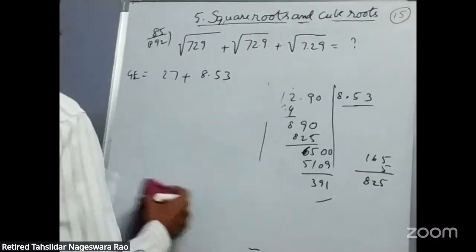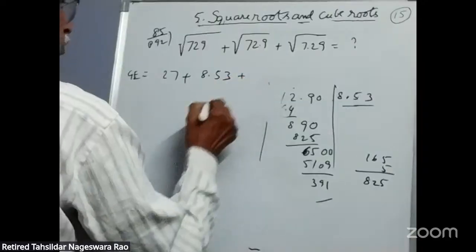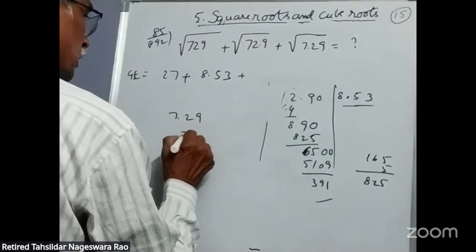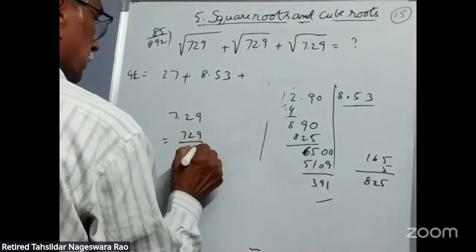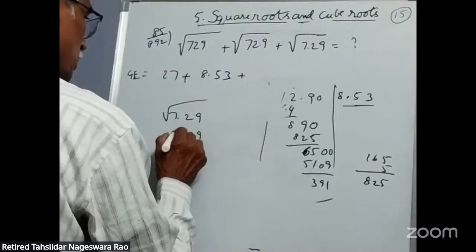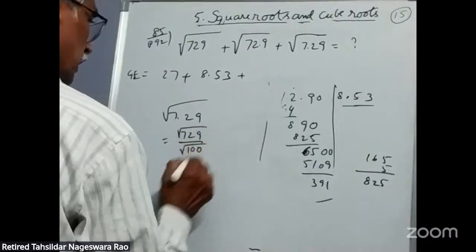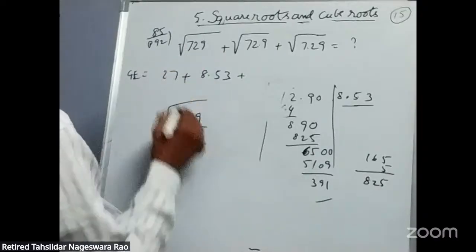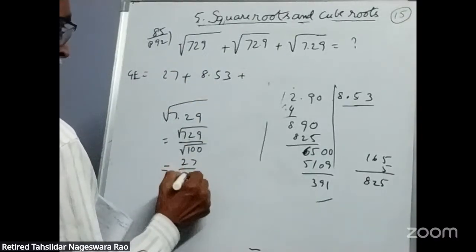Next thing is square root of 7.29. That will be 729 by 100. Square root of 7.29 means square root of 729 by square root of 100. That will be square root of 729, like here 27. Square root of 100 is 10.